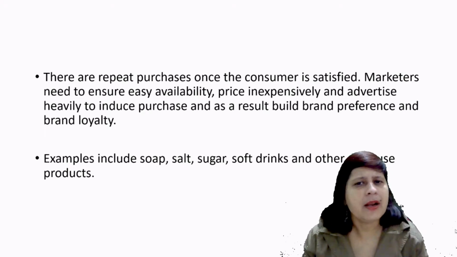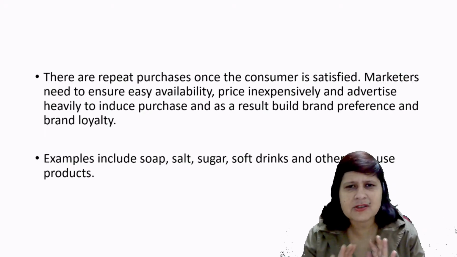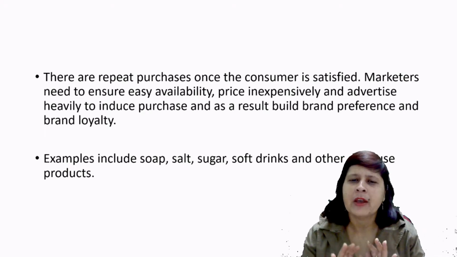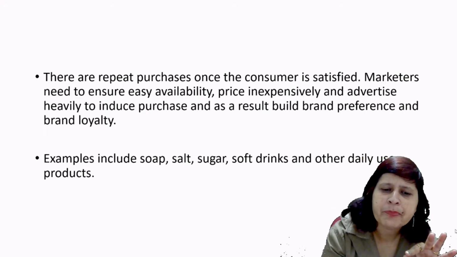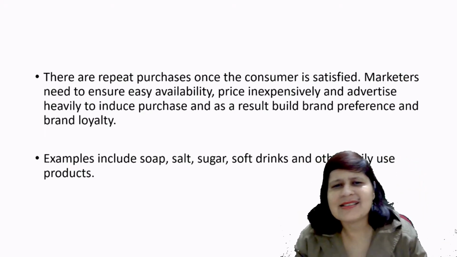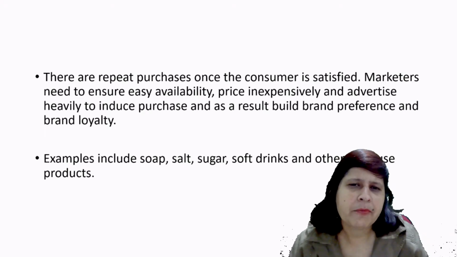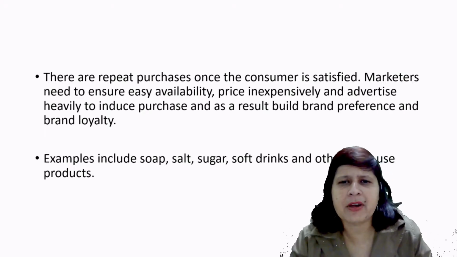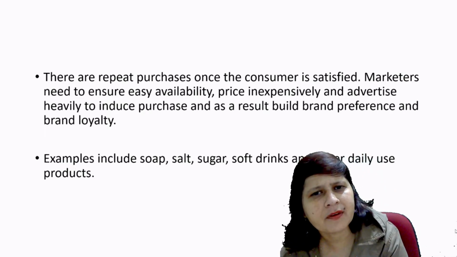If it is available and the price is inexpensive, affordable, then I'll purchase it. If the price goes up, or if availability is not there, I might switch to something else. The basic example is bread. I don't mind purchasing bread from Harvest or Britannia or some other company, right?